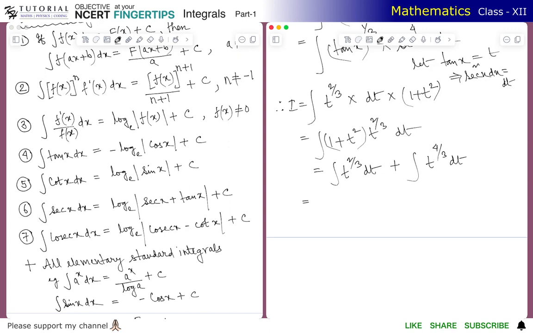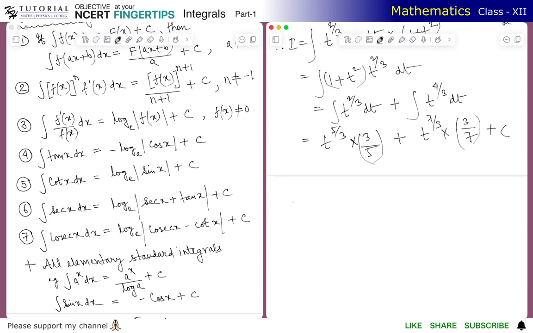So this becomes t to the power 5 by 3 into 3 by 5, and this becomes t to the power 7 by 3 into 3 by 7 plus c, constant of integration.